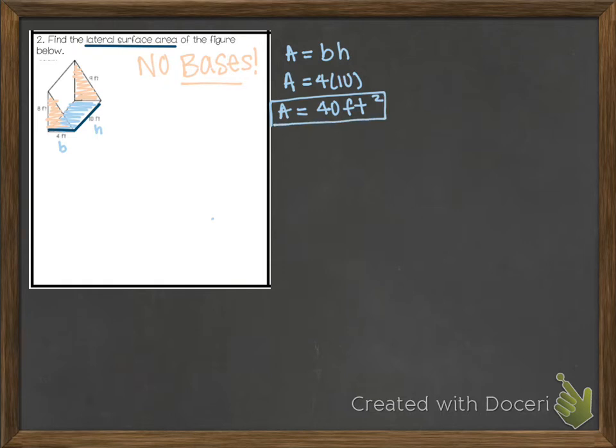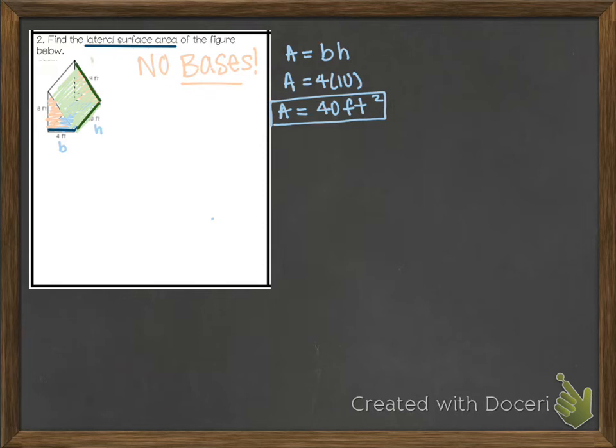Now we're going to go to this taller rectangle right here. This taller rectangle has a height of 9, and then the same base right here of 10.